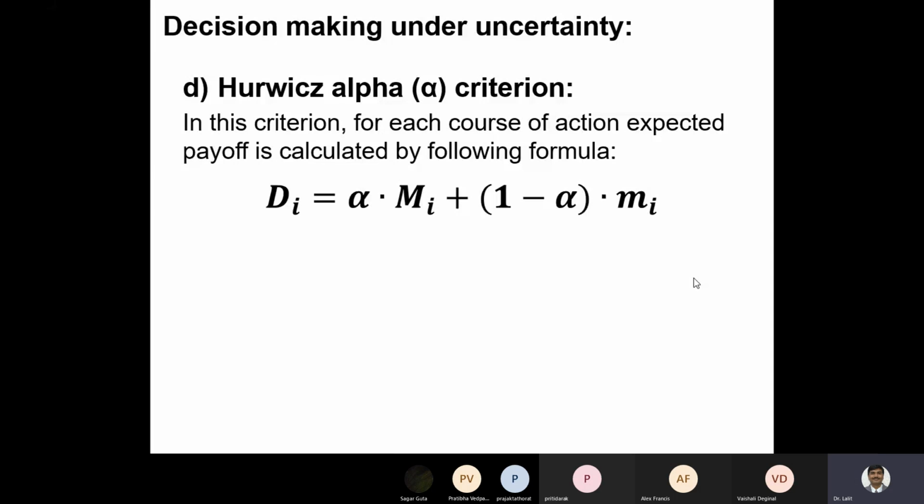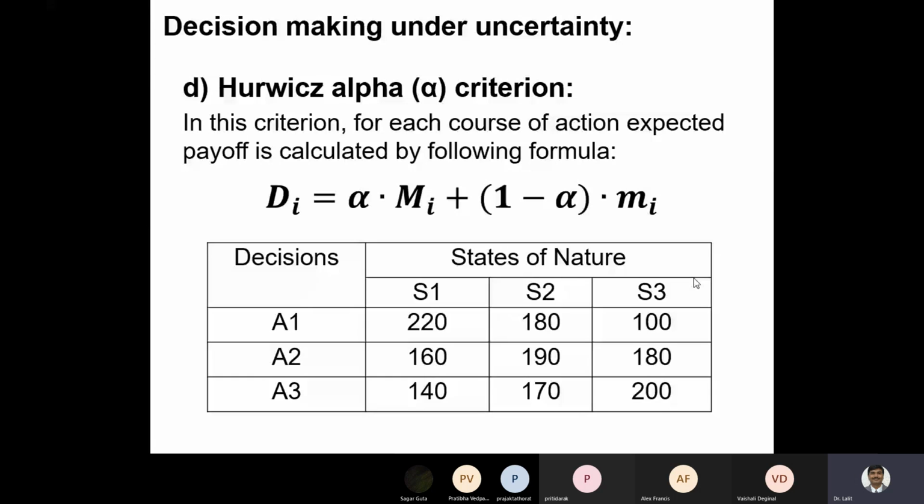Then we find the Di value for each course of action with the help of this formula: alpha into capital Mi plus 1 minus alpha into small mi, where capital Mi is the best payoff associated with any action, and small mi is the worst payoff associated with the same action.